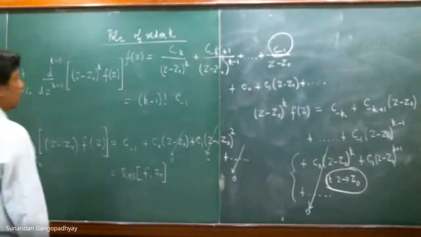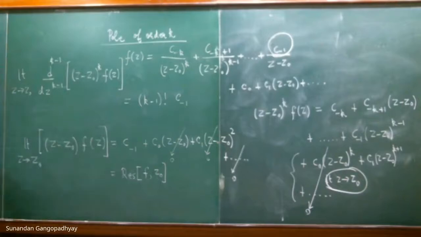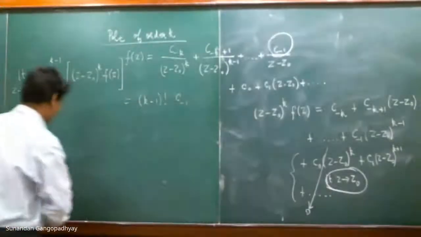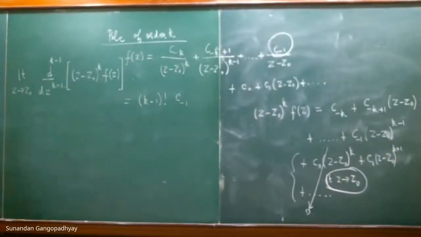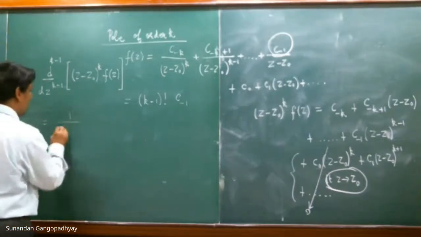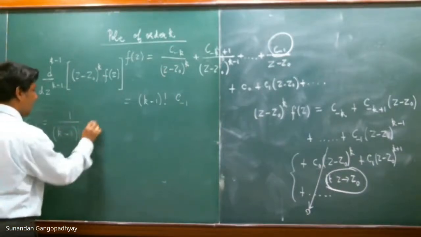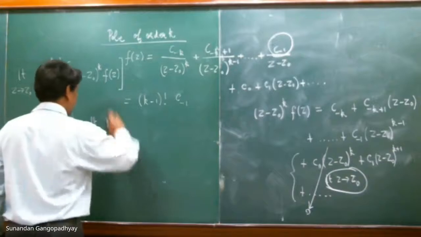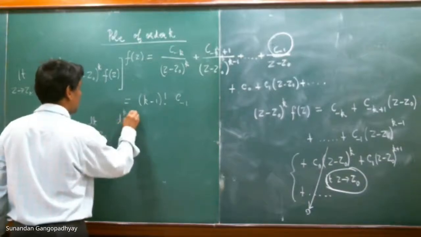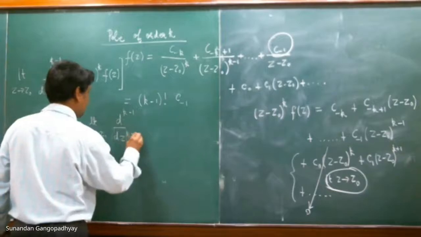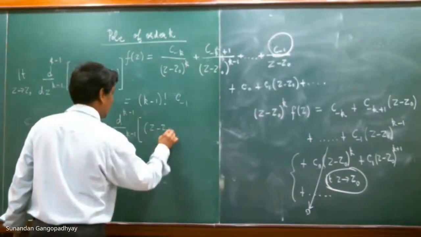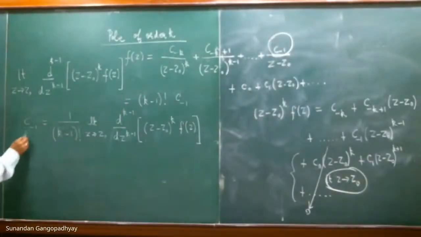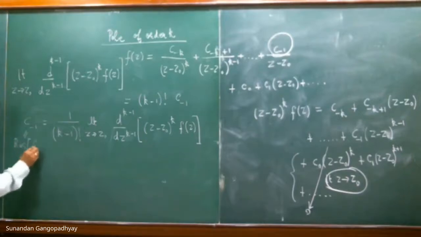And therefore, now you have a nice simple formula: c minus 1 is equal to 1 by k minus 1 factorial, limit z going to z naught of d k minus 1 by dz k minus 1 of z minus z naught to the power of k times f of z.